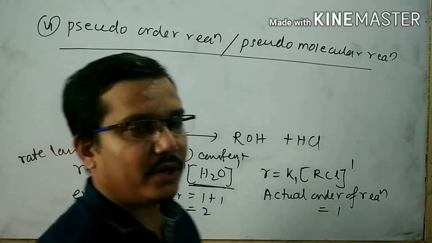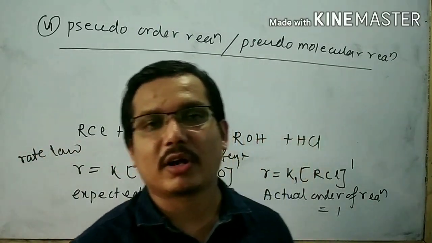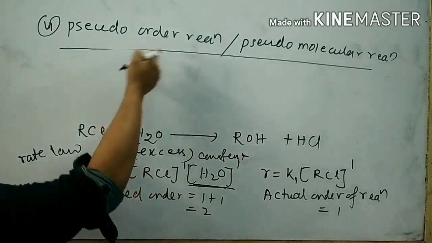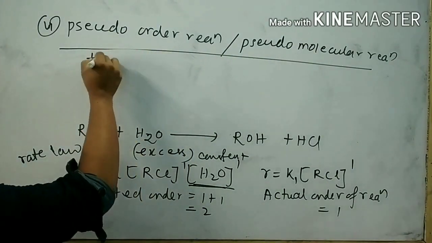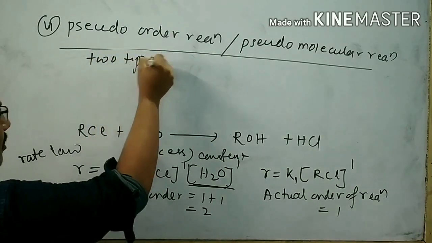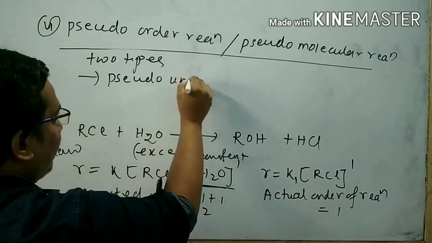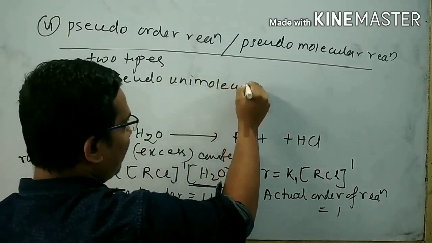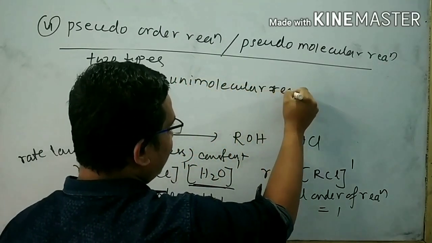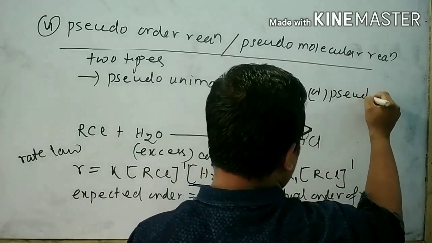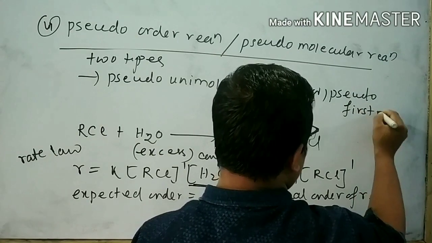Remember an important point: in some reactions the order of reaction may be equal to the molecularity. The pseudo order reaction can be classified into two types. One is pseudo unimolecular reaction, also called pseudo first order reaction.